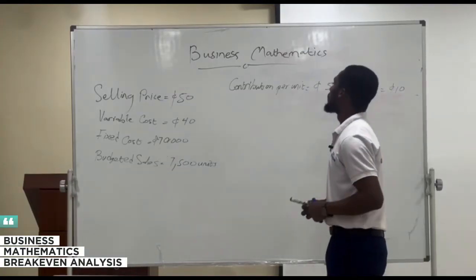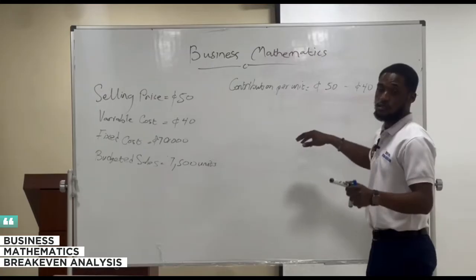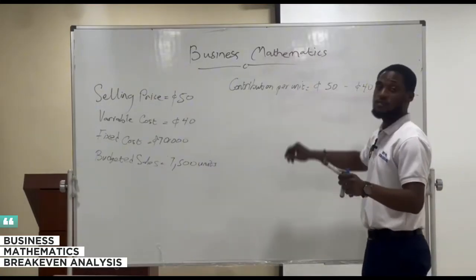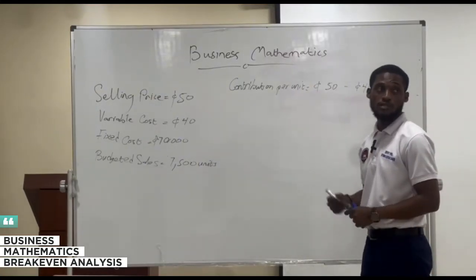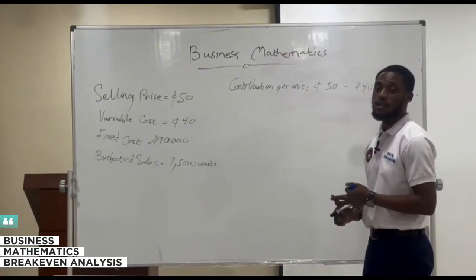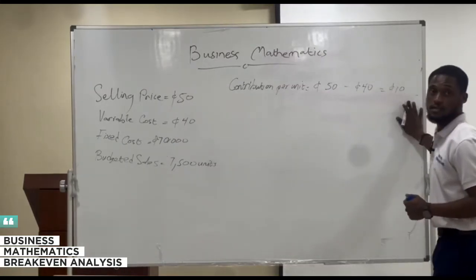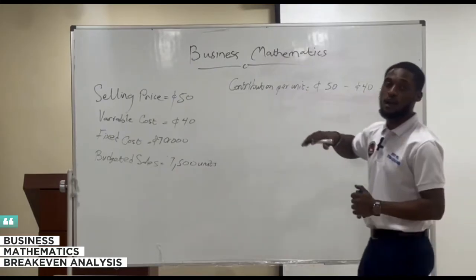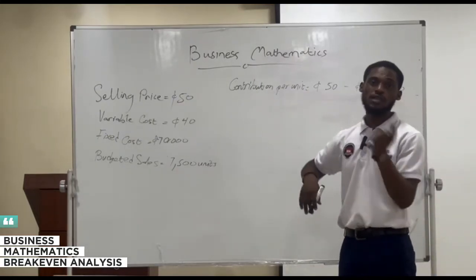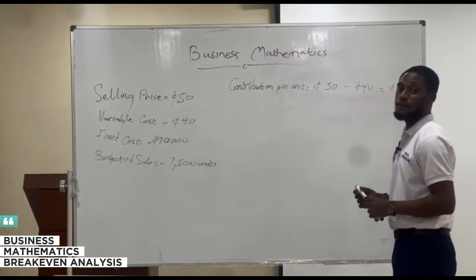So now we've gotten one answer for one term the question asks us to, because the question asks us to find contribution per unit, the break-even, and the margin of safety in units. Now let's go ahead to find our break-even point, because we couldn't have found it without finding our contribution per unit.